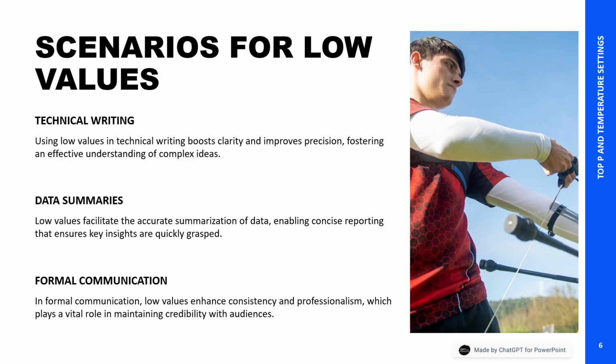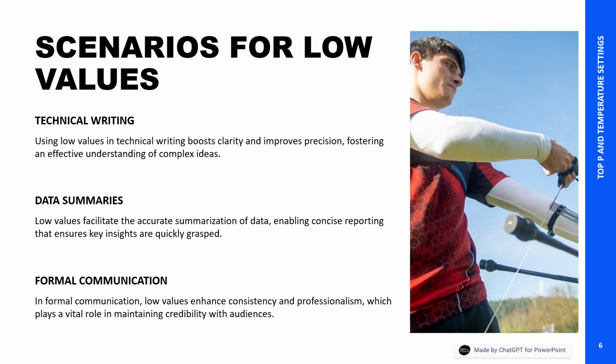Top P removes a few of the tokens to choose the next token, and temperature changes the probability curve, changing the probability of all of the tokens, to make the difference between the probabilities of those tokens minimal, right? That way, both top P and temperature work. So for technical writing, you should use low values.